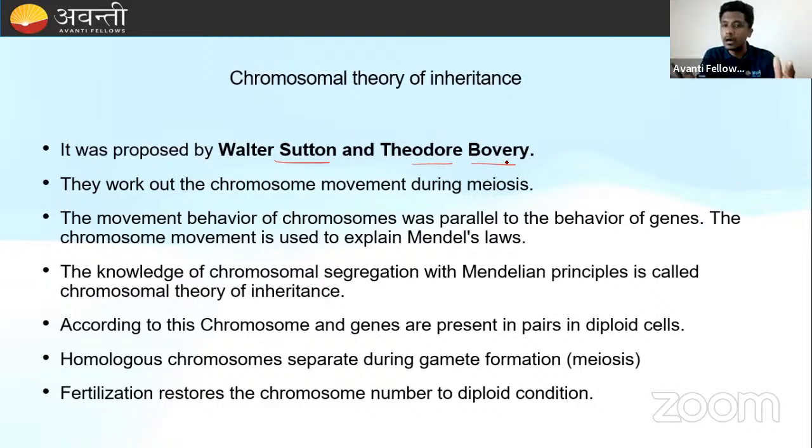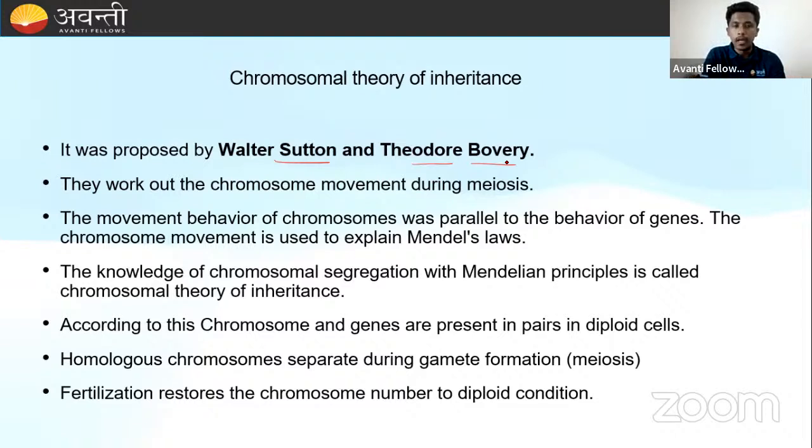They are very much similar, very much parallel to the genes. But here the chromosome movement determines a lot compared to the gene's movement. The gene is only one character, whereas a chromosome carries hundreds of genes within it. So there might be a bulk transfer of information during this chromosomal movement. That is what they were trying to talk about.